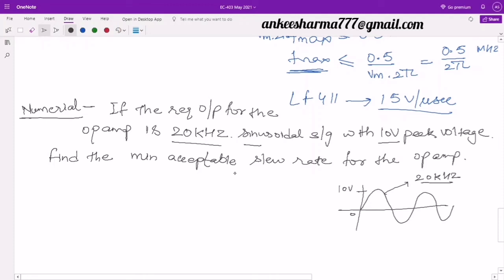So in the numerical we have F max, or simply F. I will write here F max because this is 20 kilohertz. Then we have Vm also equal to 10 volts. So these two values are given, and what is asked in the question? Slew rate is asked. So if I look at my formula, what was that formula?